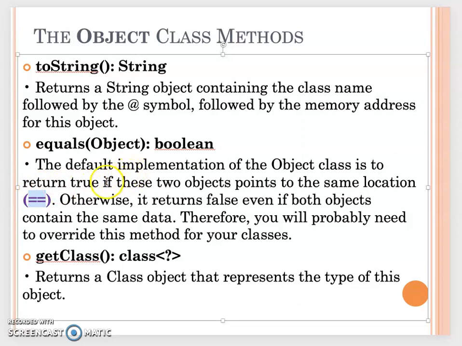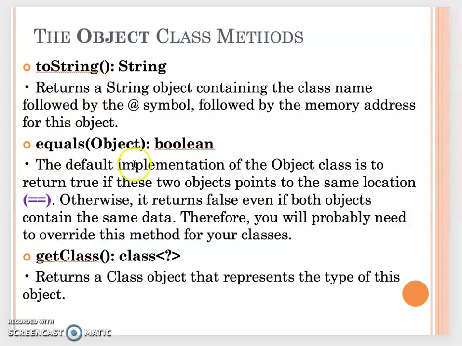That's the default implementation from the Object class for the equals method. If you want to change that, you see in the String class, we override the equals method, so we check whether the two strings have the same content or not. These two methods I want you to know from this lecture.